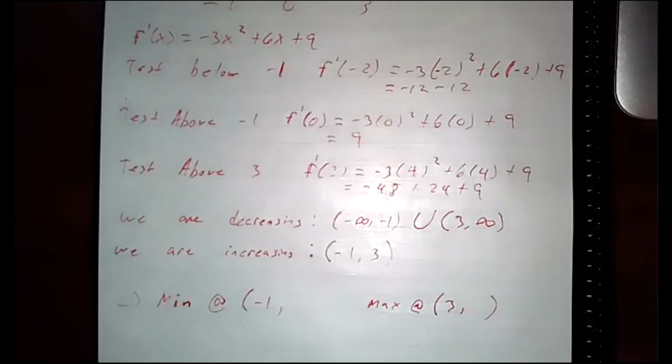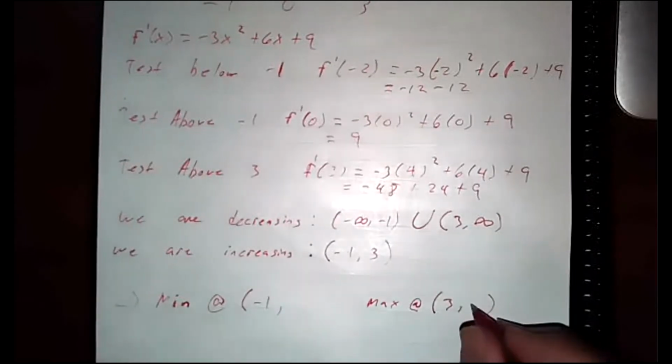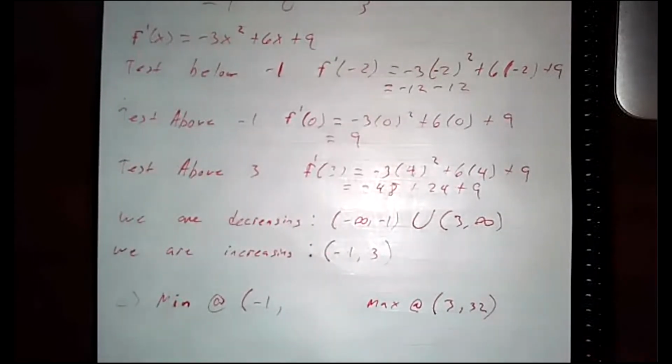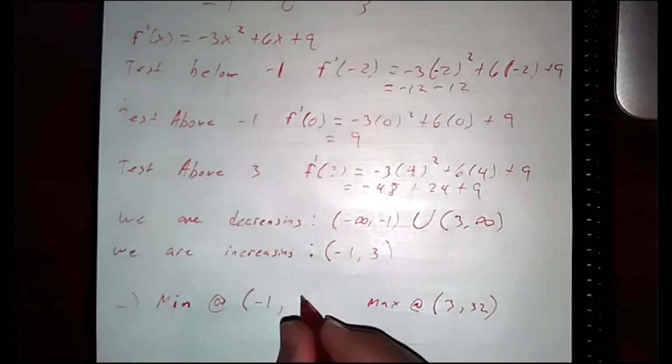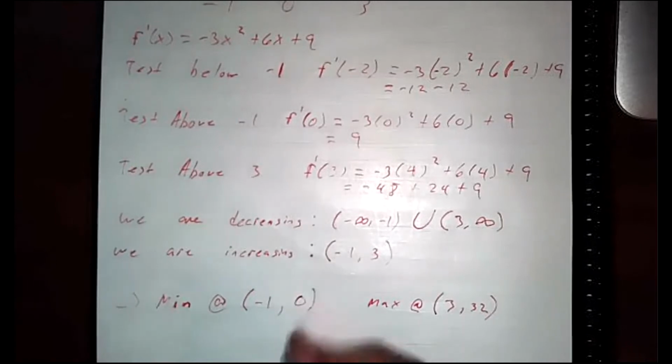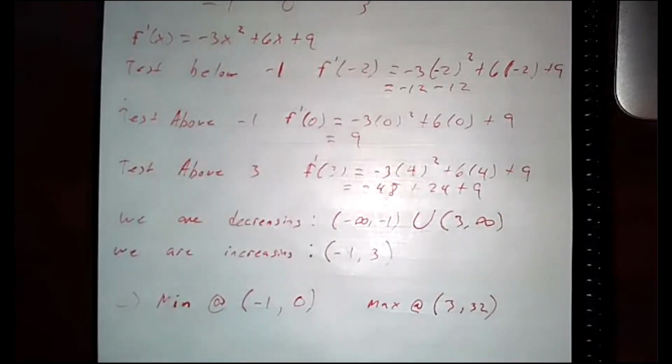It was 32, the maximum. The other one was 0 apparently. Yeah. Now, how are you going to get that 32 without seeing it? You plug it into the original function. Oh, okay. That's it.